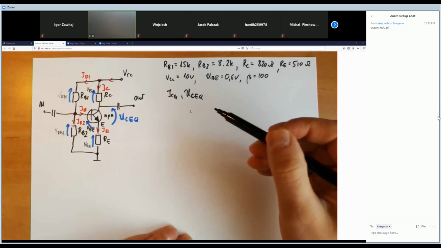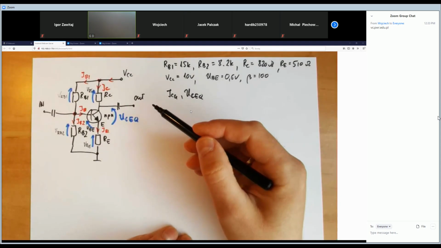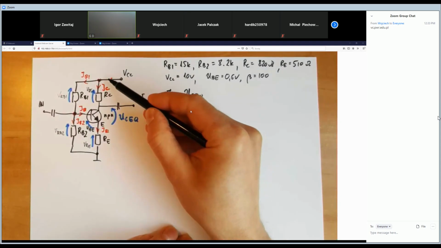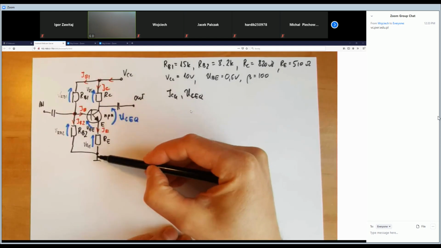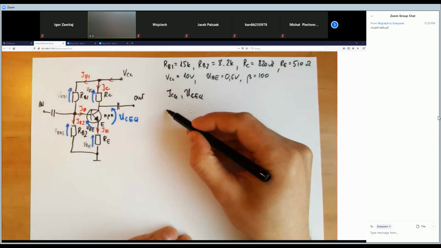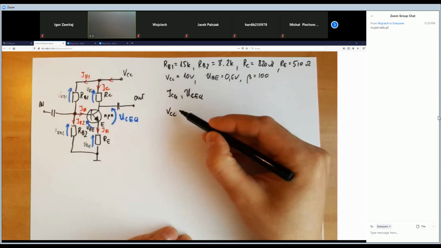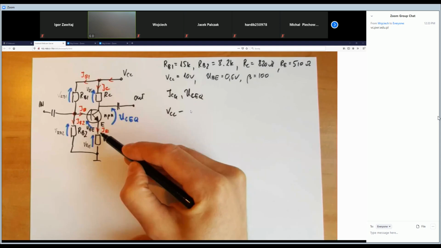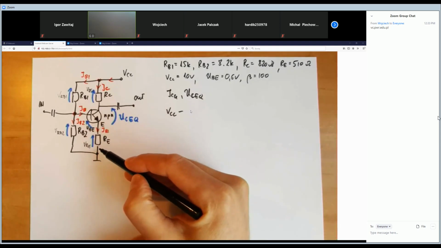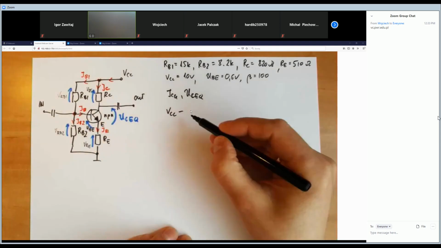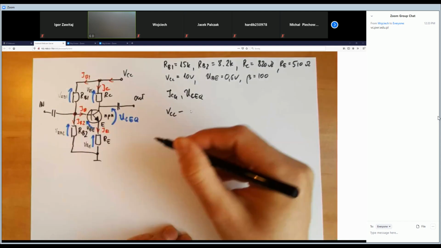First of all, let's take the first branch, this one. As you see, according to the Kirchhoff voltage law, VCC minus any voltage drops in this branch should give 0.